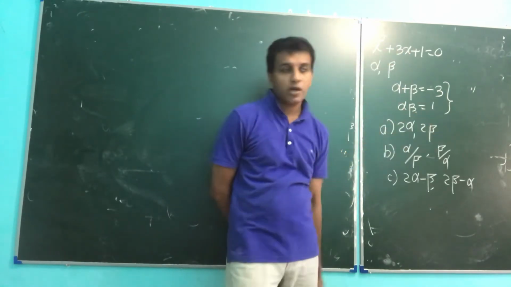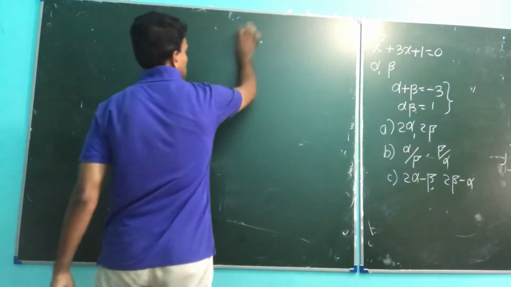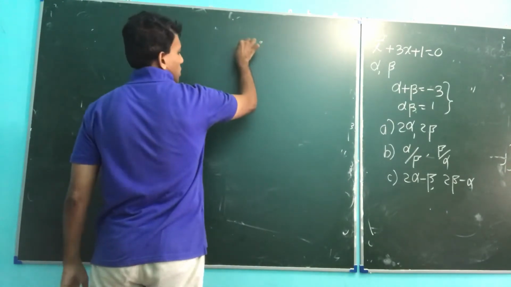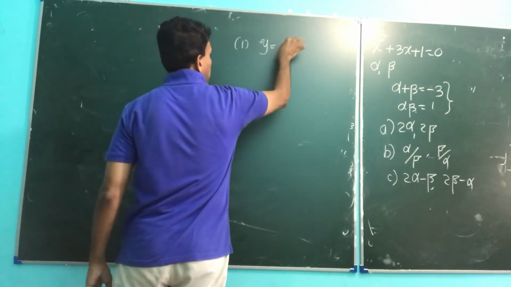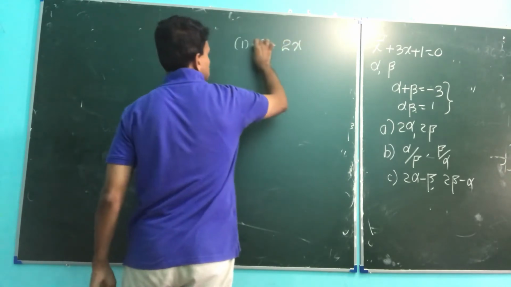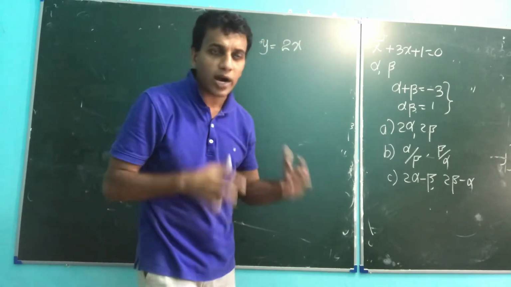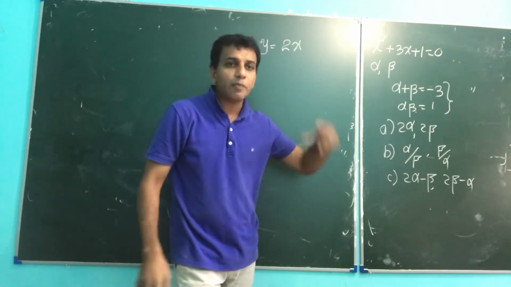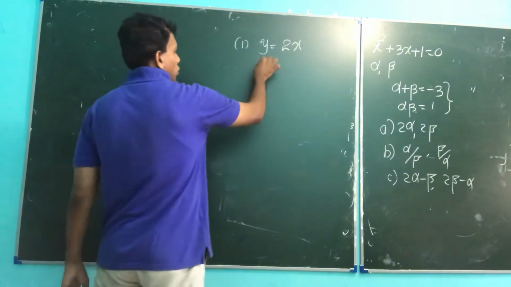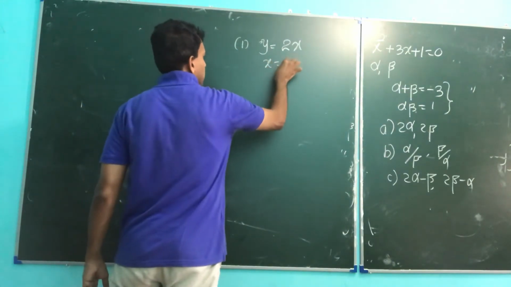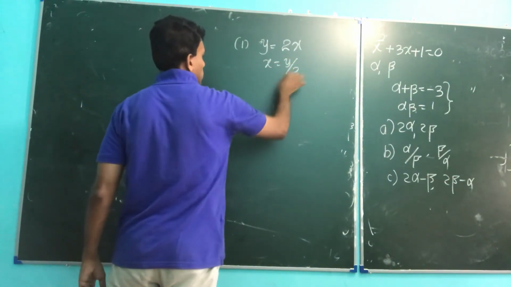Therefore, if you understand the transformation, what is the new y? y equals double x, 2x. I introduce a term y, which is double the previous answer. Therefore x equals y by 2.